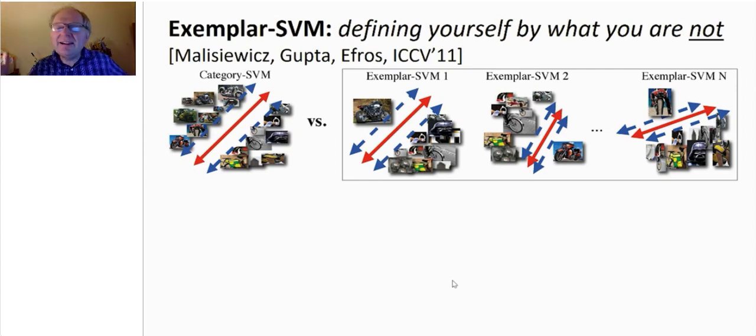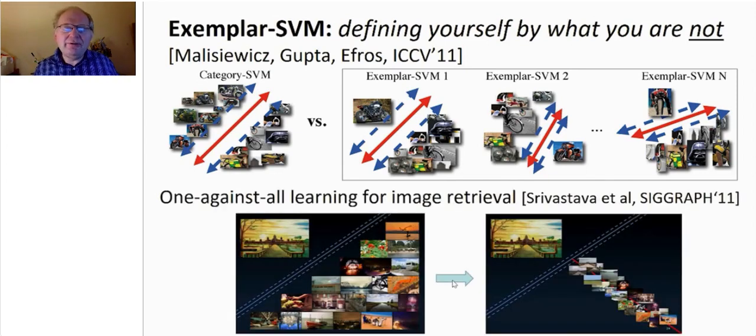We showed that an ensemble of these one-against-all classifiers was working just as well as a classical category-based classifier. We also showed that you could use this for image retrieval, to find out how a query image connects with the rest of your dataset. So we were very excited by that.